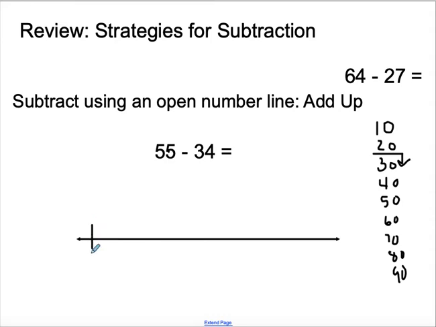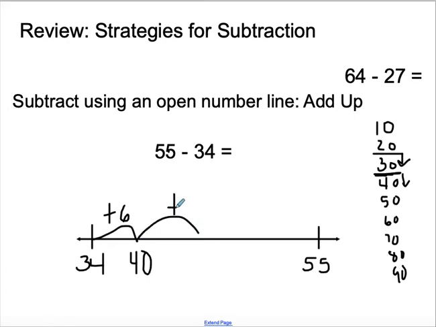So if you add up to solve this problem, we need to start at 34 and we're going to add up to 55. So once again, now I'm at 30. My next friendly number is 40. So what did I have to add to 34 to get to 40? I needed to add 6. So now I'm at 40. I'm going to add 10 more.